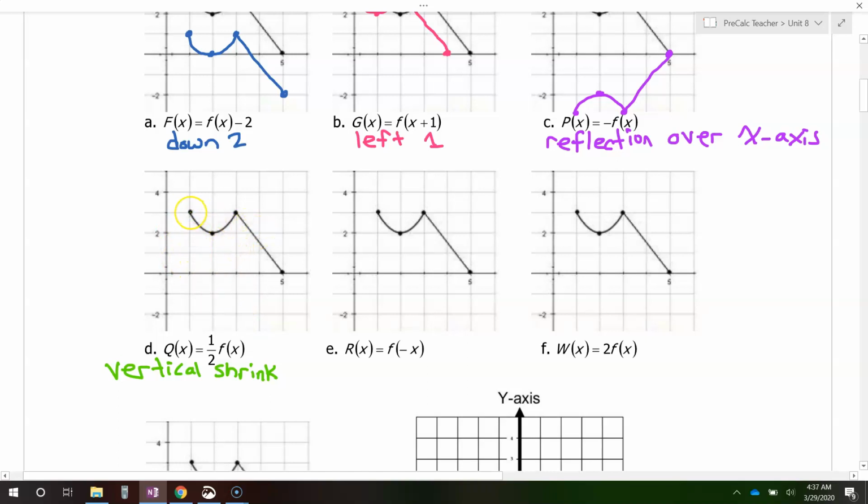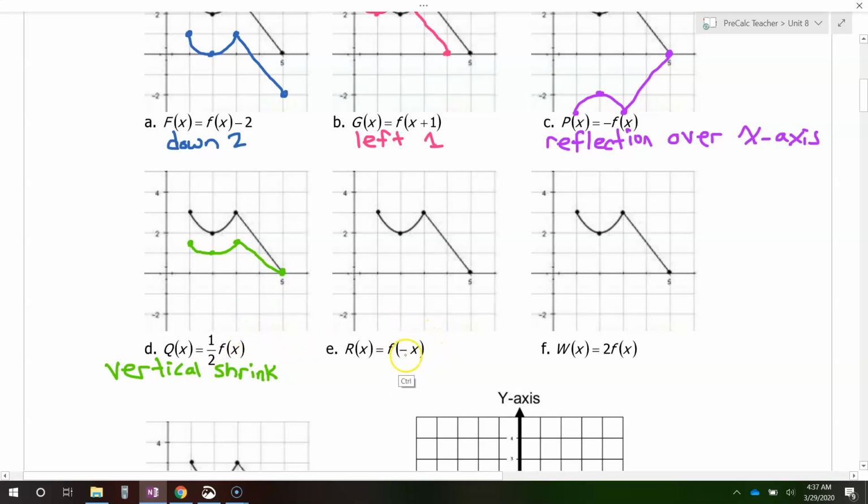So for example, this y value of 3 will become 1.5. The y value of 2 becomes 1. 3 becomes 1.5. Y value of 0, half of 0 is still 0. So this point isn't going anywhere. All right, so the new graph after a vertical compression by a factor of 1/2 is going to look like that.